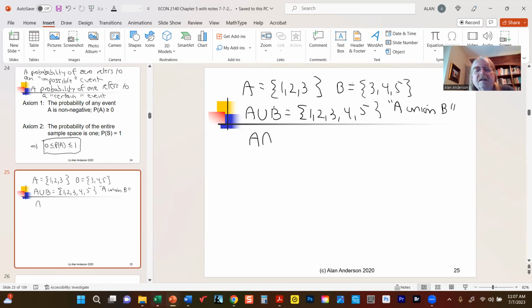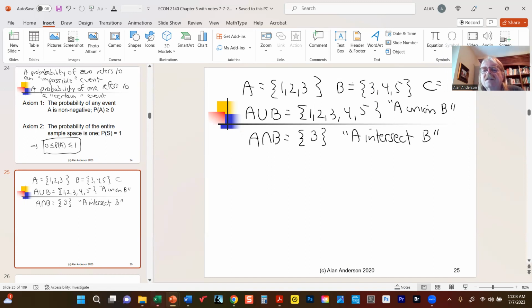A intersect B is simply all the elements that they have in common. And by the way, there don't have to be any elements in common. Let's say I also introduce set C to be 6, for example.